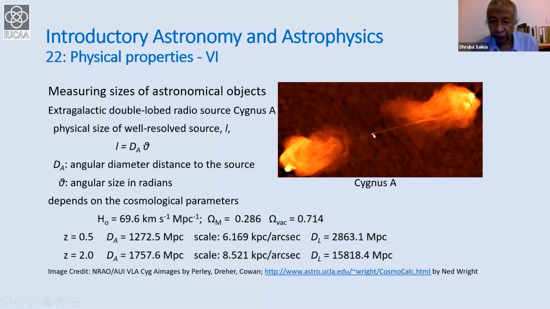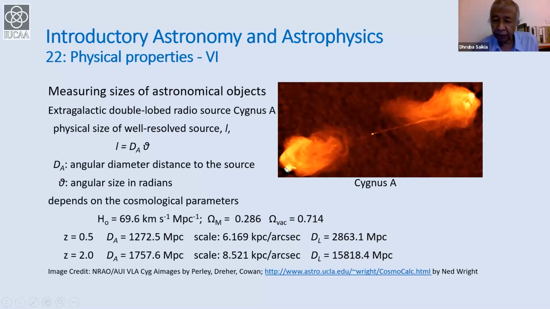The nucleus over here lies at the nucleus of the host optical galaxy, which is not seen in this image. From the nucleus of this host galaxy, which hosts a supermassive black hole, jets squirt out at relativistic velocities first into the interstellar medium and then the intergalactic medium, and form these bright hotspots, which are the termination regions where the jets interact with the external medium.